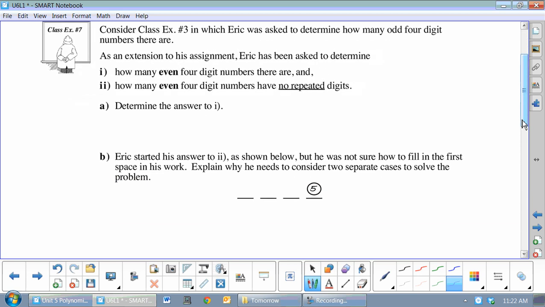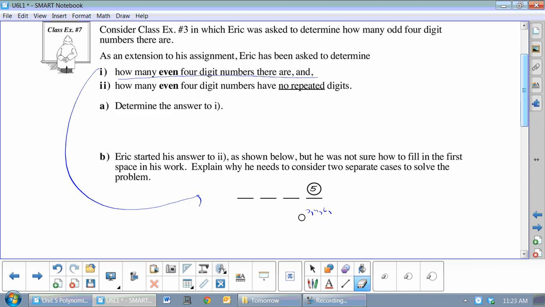Now, Eric still gets more questions. Let's do number 1 first. How many even 4-digit numbers are there? So we're doing the even: 0, 2, 4, 6, 8. So there's 5 choices.